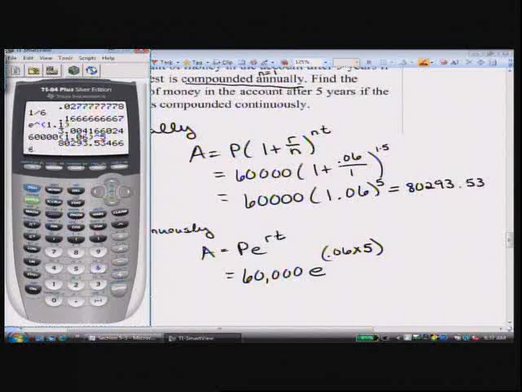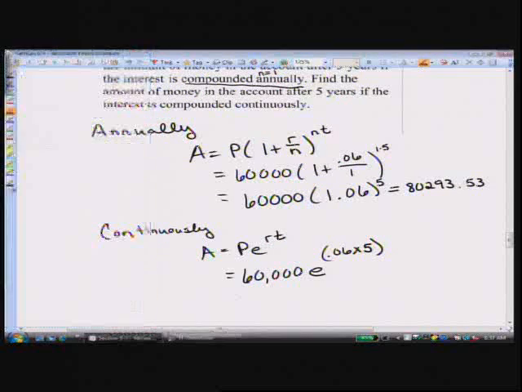So you're going to do 60,000 times e to the 0.06 times 5, and then you close the parenthesis. Okay? And you should get $80,991.53.